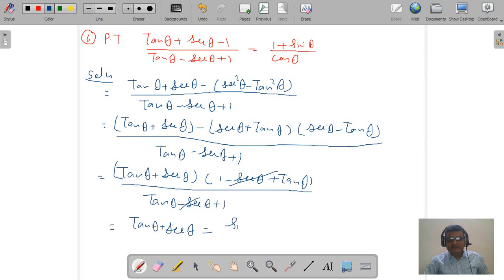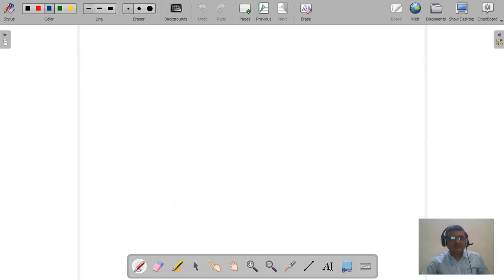So it is nothing but sin theta upon cos theta plus 1 upon cos theta, which is equal to (1 plus sin theta) upon cos theta, which is the right hand side. So in this case we have solved this question, and this is a very important question, so you must know the formula. Now we are moving to next question.